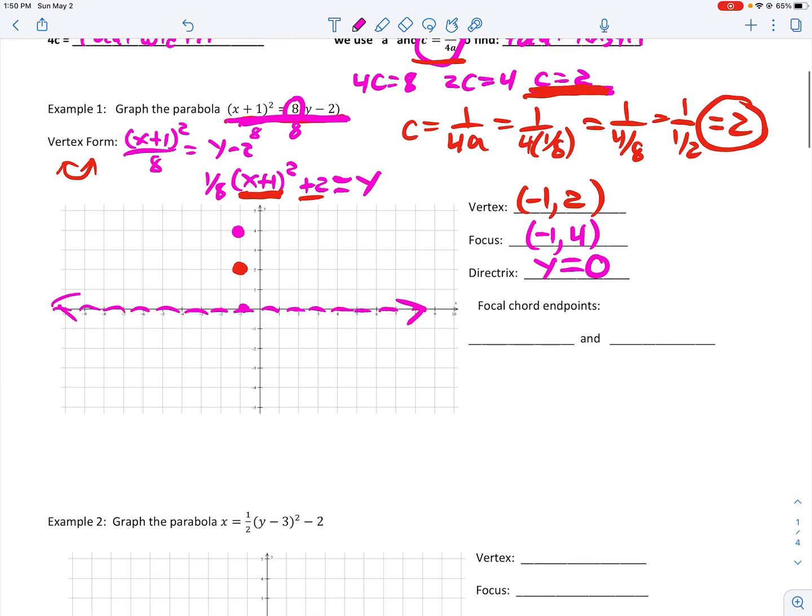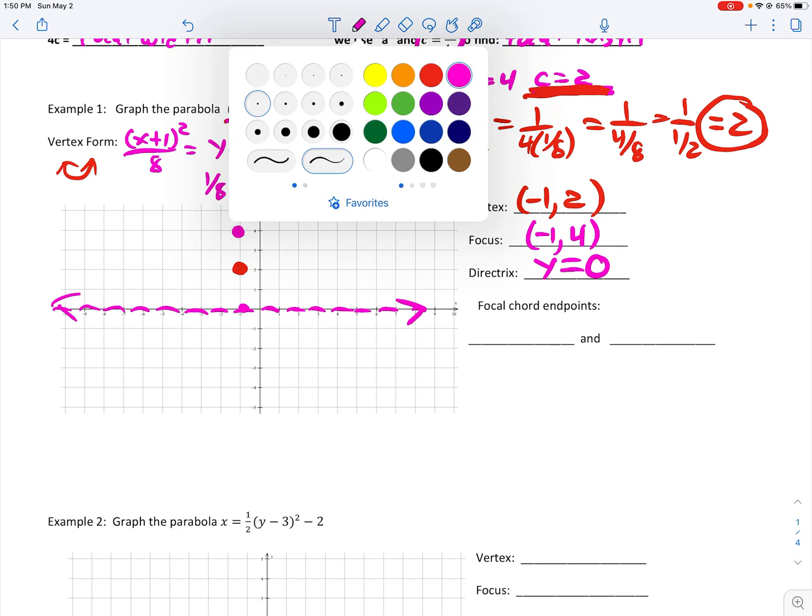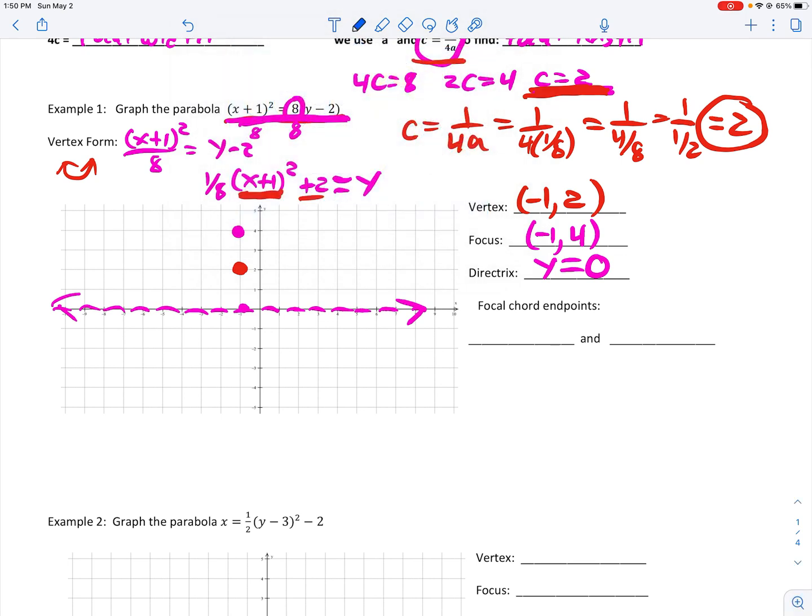The focal chord endpoints, it's still the same as it was the last 2 lessons. It's just that the graph's been shifted. So it's still going to be twice the length of c, so 4. Which, guess what? If you would have done focal width form, we already knew that. So I'm going to go right 1, 2, 3, 4, and left 1, 2, 3, 4. How do I know I'm going left and right?